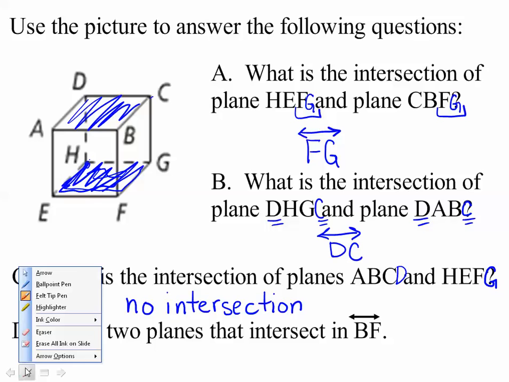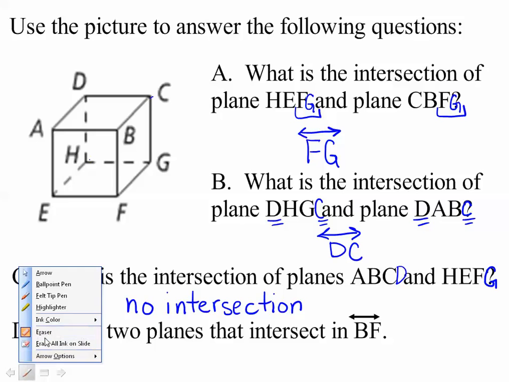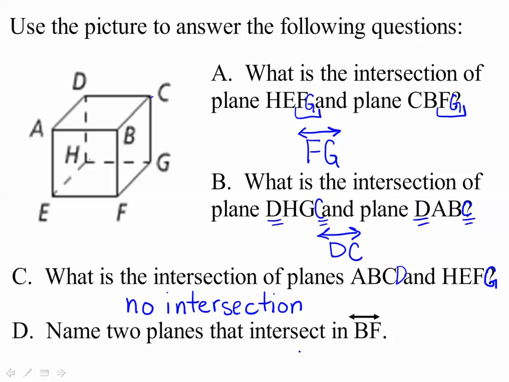Okay, for our last example here, we're going to go backwards. On each of the other three, I gave you the two planes and asked you to find the intersection. So now, I'm asking you to name the two planes that intersect at line BF. In other words, what two sides of the box include BF?